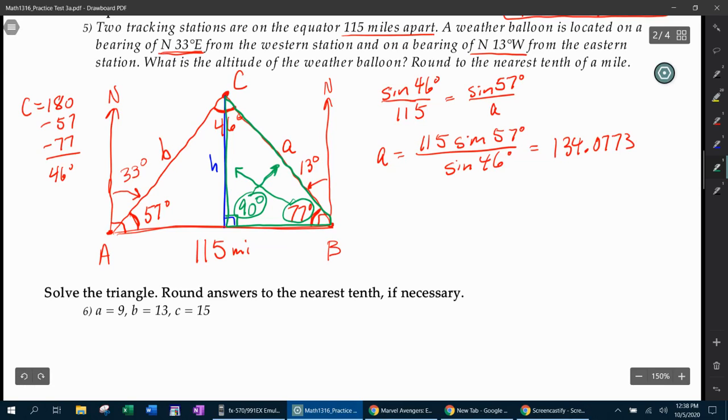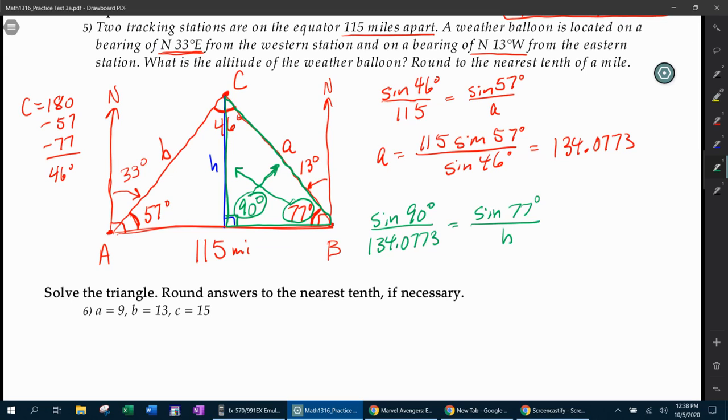So that means I'm going to be able to use the law of sines again. Sine of 90 over A, 134.0773 equals sine of 77 over H. And then if I do a little cross multiply and divide, I'm going to be able to get my height.